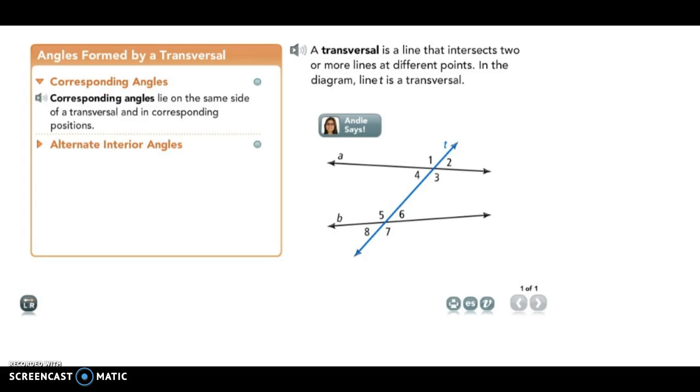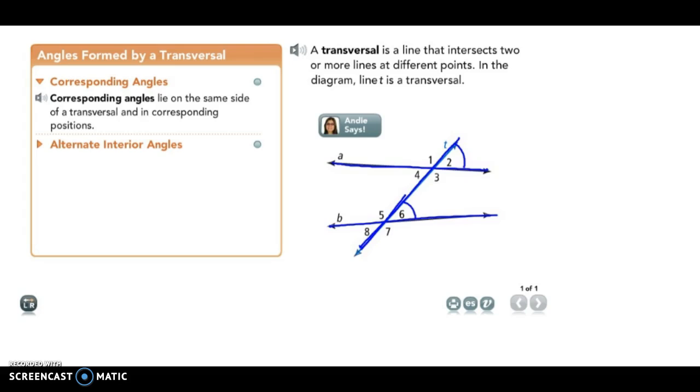At the top of your paper, you also have corresponding angles. They lie on the same side of a transversal and in corresponding positions. So here we have line A that is being intersected by line T. And in the upper right-hand corner, we have angle 2. Down below, we have one line that's being cut by the transversal right here, and in the upper right-hand corner is 6.